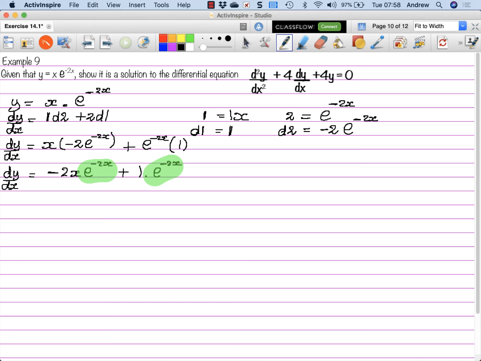It makes life so much easier. So dy/dx is equal to, taking out e to the minus 2x as a factor, leaves us with minus 2x plus 1. Now, we're going to be differentiating this expression, and once again, you can see that it is a product rule.